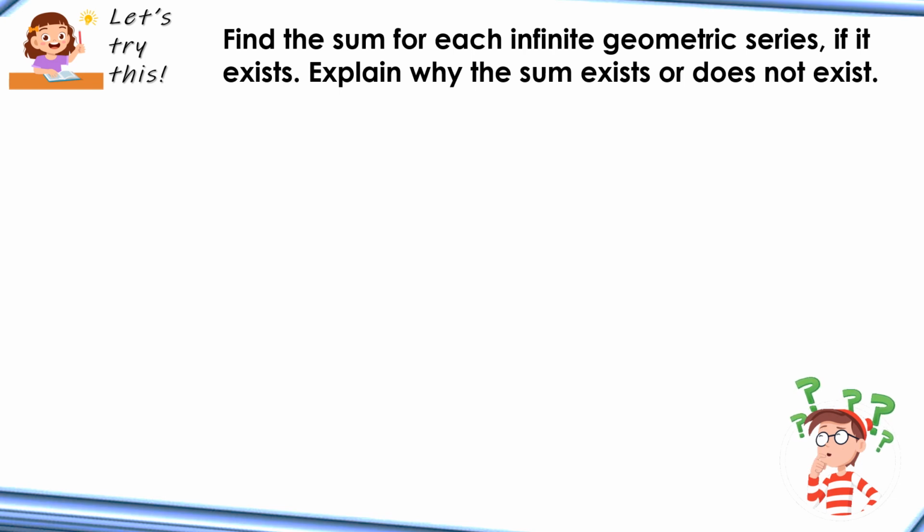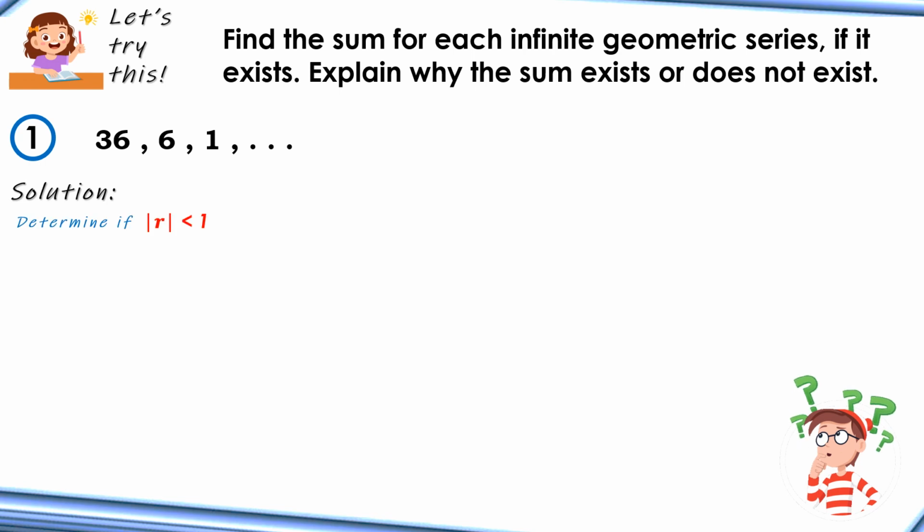Okay, exercise number 1, find the sum for each infinite geometric series if it exists. Explain why the sum exists or does not exist. Number 1, we have 36, 6, 1, and so on and so forth. So the first thing we need to know is that the absolute value of the ratio should be less than 1.